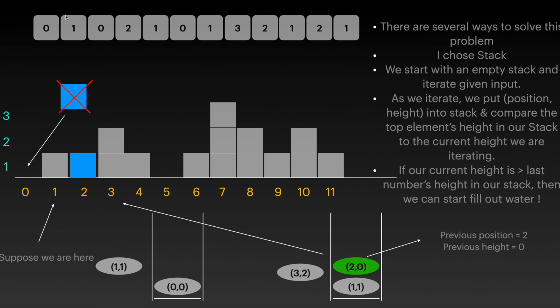So we will be using the same height array, and notice that we cannot trap water here, because let's just pretend that all these gray blocks are buildings. For this first position, we notice that there is no building to its left side.